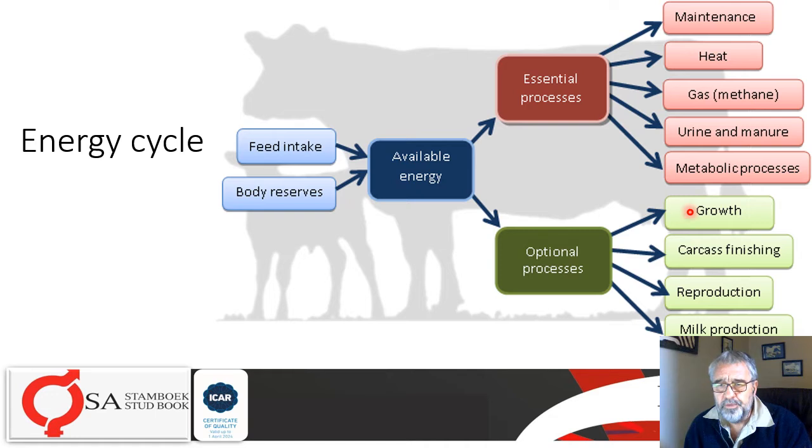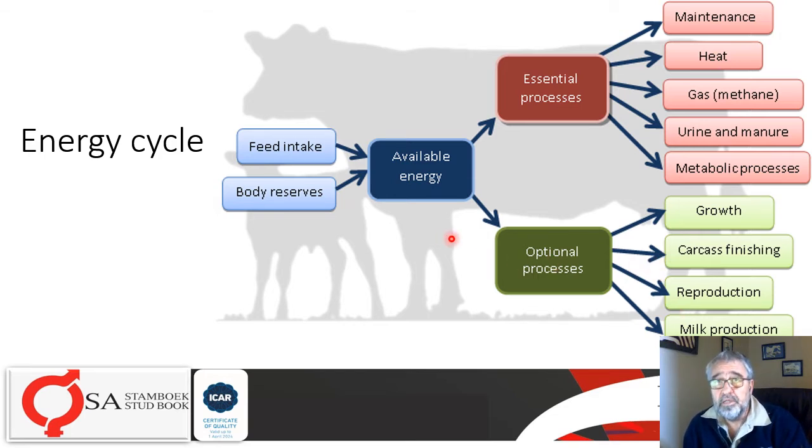And amongst these production channels, obviously there will be growth, carcass finishing, fat deposition, reproduction, and milk production. So if the availability of energy is limited, then there will be a limited amount of energy being channeled to the optional processes or the production processes, and the first thing that will actually show this would be the reproduction rate, and then the others.